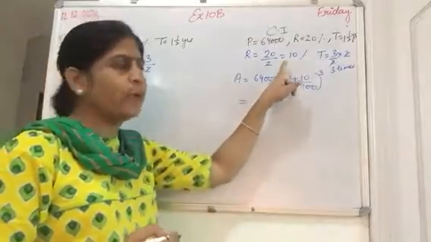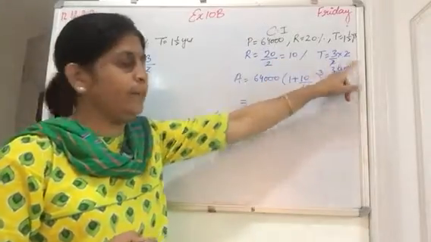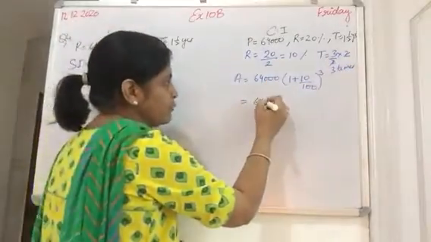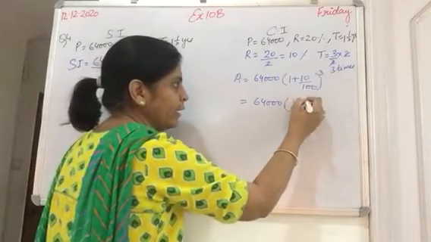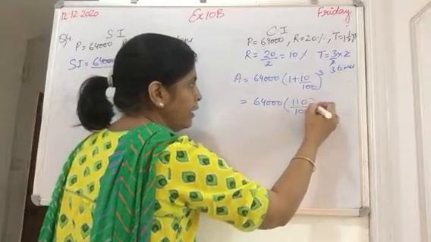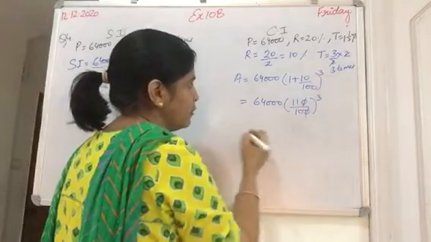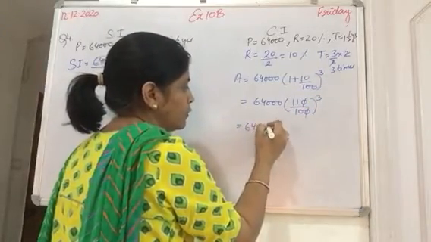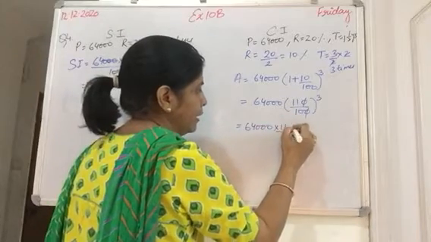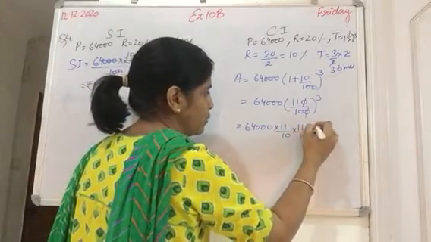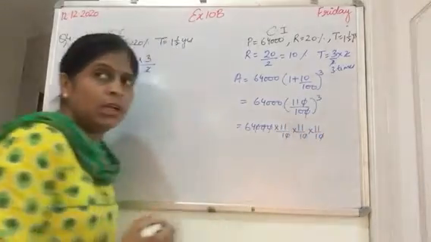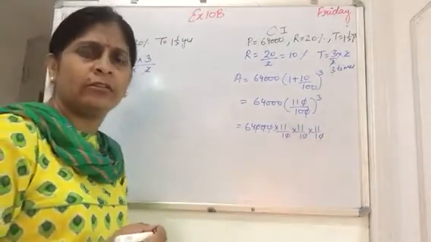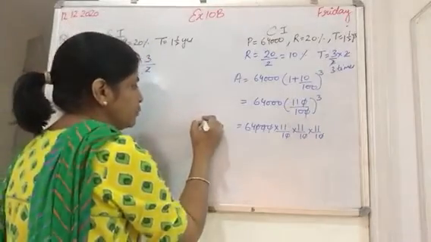Because it is semi-annually, the rate will be half and time will be double. So 64,000, when we simplify, 100 plus 10, 110 upon 100 to the power 3, cut the 0. 64,000 into 11 by 10 into 11 by 10 into 11 by 10. Cut 3 zeros. Now 11 cube is 1331 into 64.